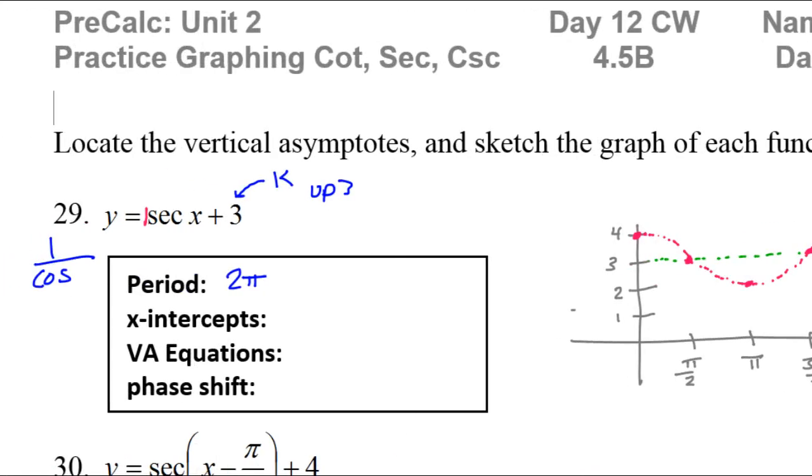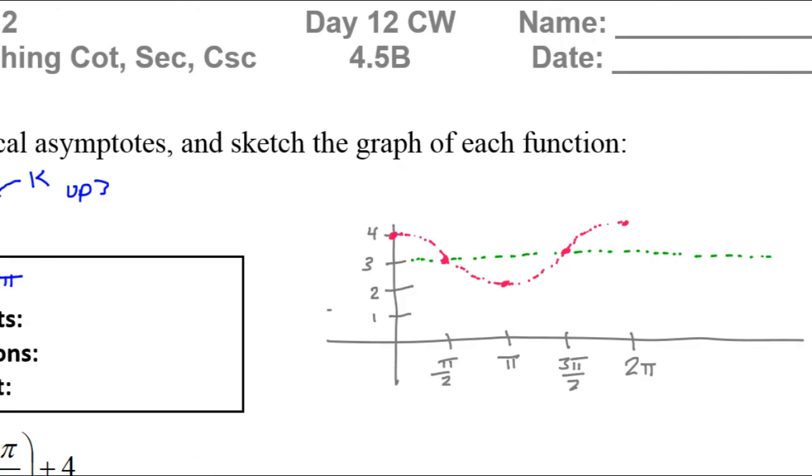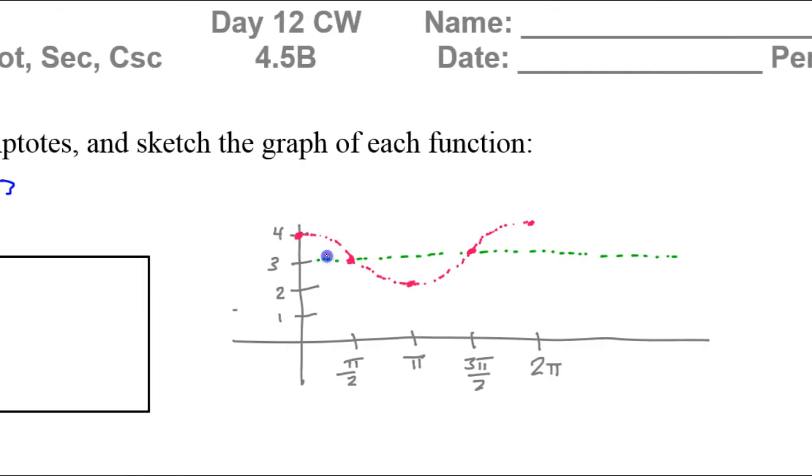Now, because the secant function is 1 over the cosine, anywhere the cosine would have been 0, that's where the asymptotes happen. And before we shifted, this midline was really the x-axis. So picture this midline back when it was the x-axis, before the shift. So these 2 points here and here, I'm going to just make them a little darker.